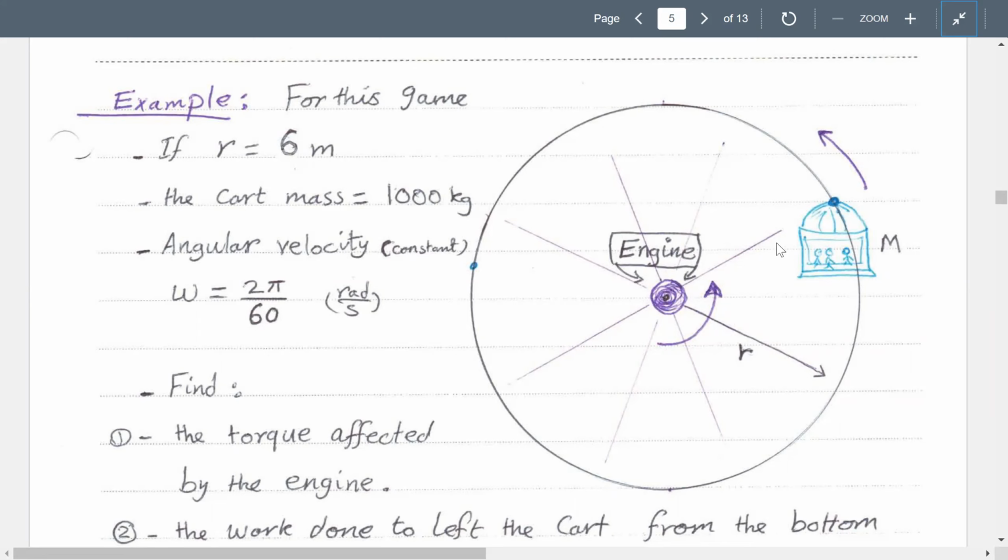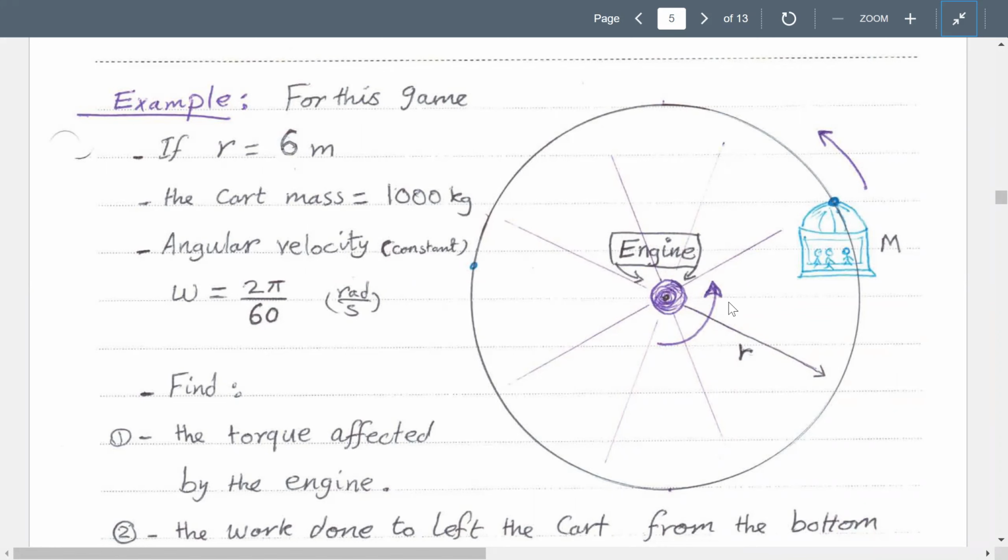The angular velocity is constant because we have an engine here, so it rotates with constant velocity, and it is 2 pi over 60 radian per second. 2 pi is an angle, 360 degrees, or one rotation. So it is rotating one rotation during a minute.